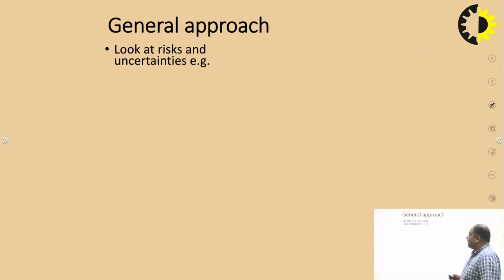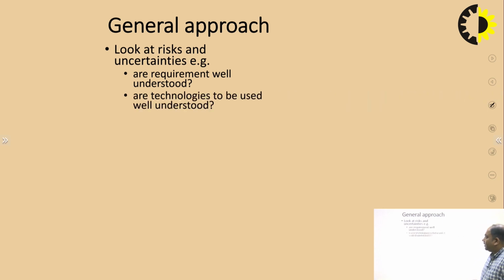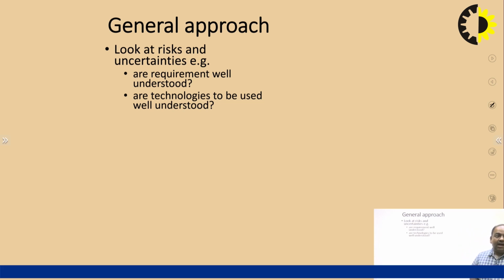So the general approach is to look at the risk and uncertainties. First of all, are the requirements well understood, and are they aligned with the technologies for developing the project? Is the technology to be used also well understood?